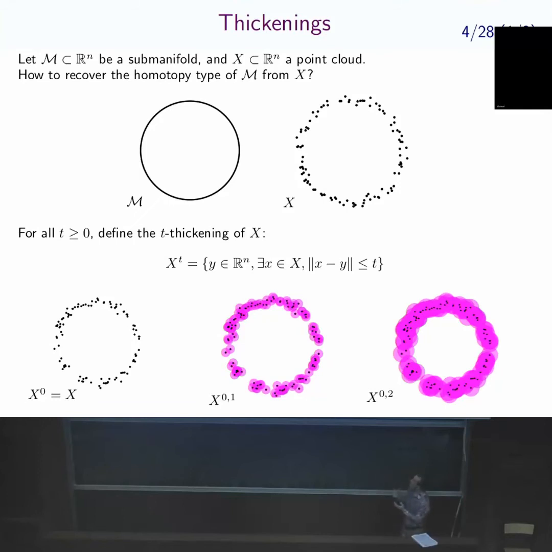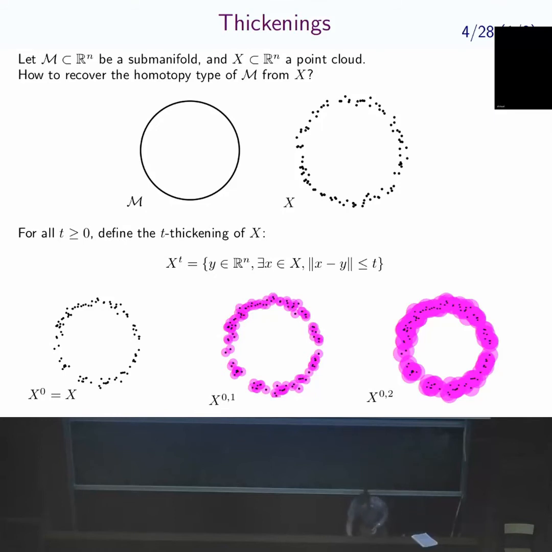There is a very simple construction that allows to answer this question. It consists in thickening X. For every t, I define the t-thickening of X. It is the set of points of the ambient space that are at a distance at most t from X. These are three examples of thickenings. And the last one is a circle, topologically.